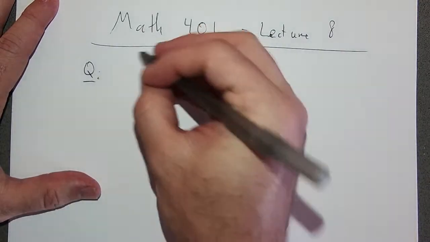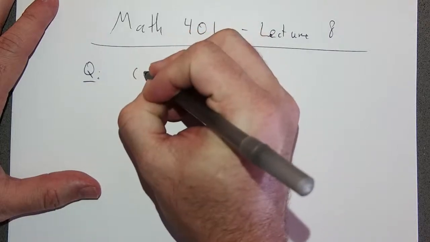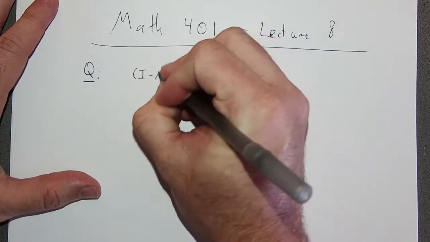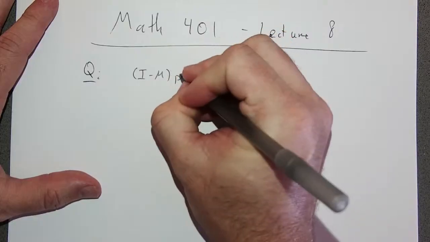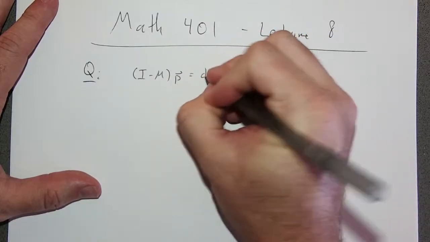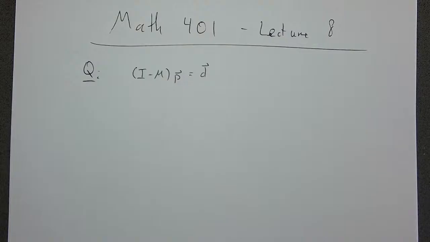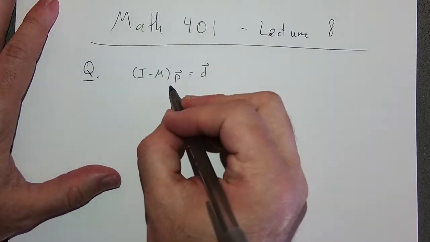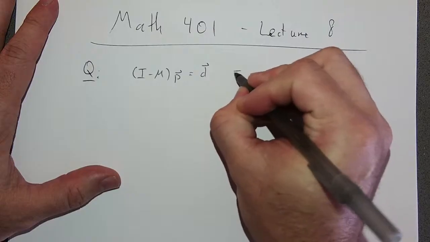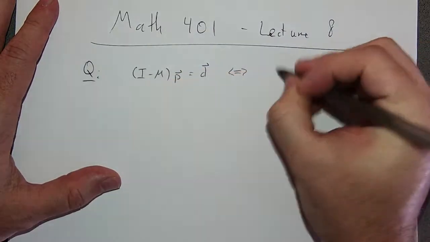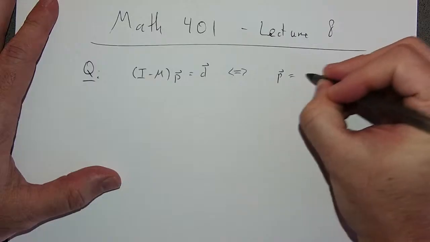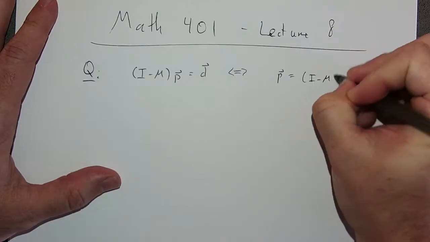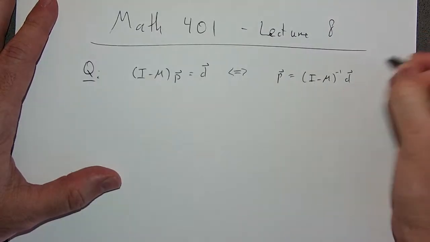So we had this (I minus M) times p is equal to d, right? This was ultimately what we were looking at. And the question is if we are in this situation where this is invertible, so that we know that this unique solution is (I minus M) inverse times d.